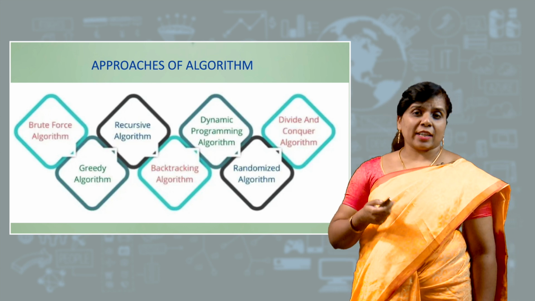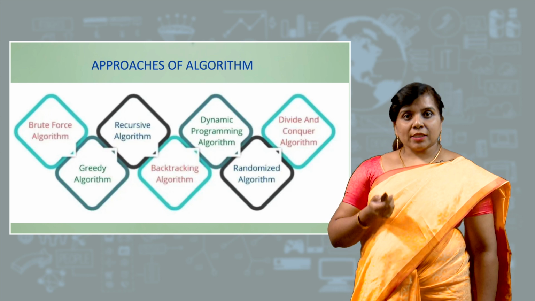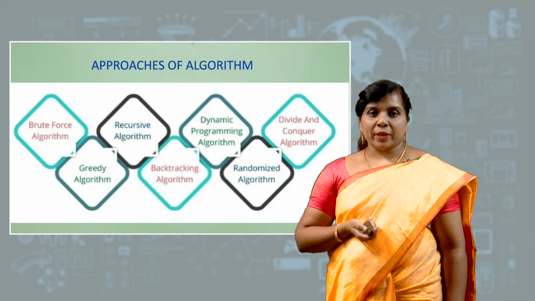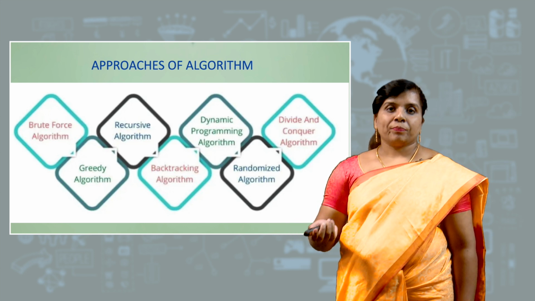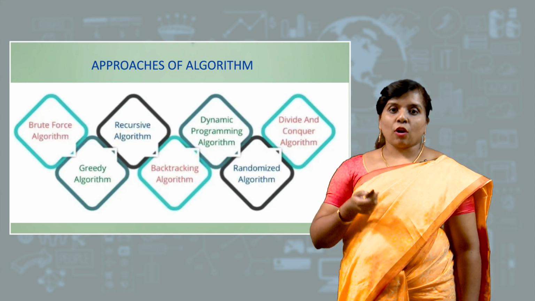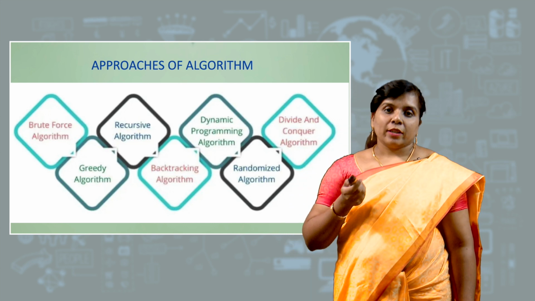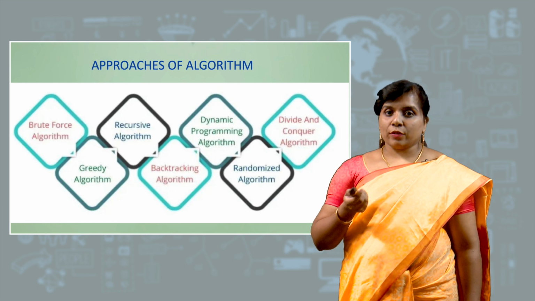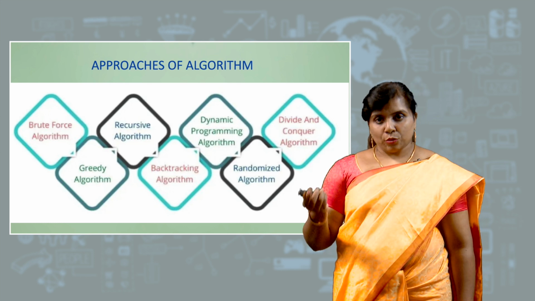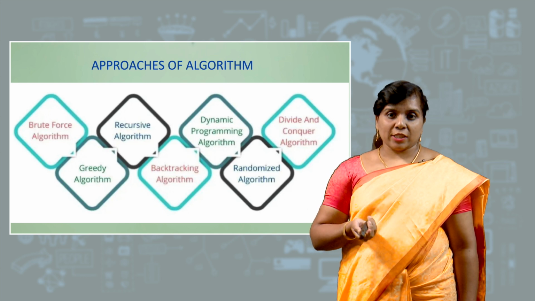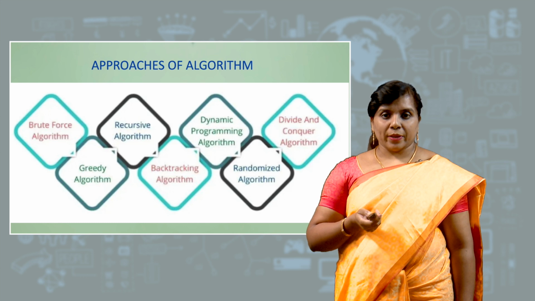Then we have another class of algorithm which we call dynamic programming. The principle behind dynamic programming is that we divide a problem into several sub problems, and then we try to find the optimal solution for the sub problems. We do not stop there. When we find an optimal solution for any of the sub problems, we preserve the results for further use. We call this step memoization. This is very crucial with respect to dynamic programming.